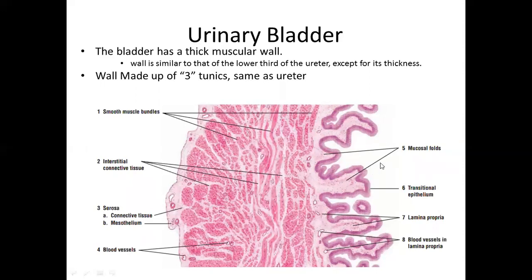The first part of the tunica mucosa facing the luminal side is epithelium, transitional epithelium. Below the epithelium there is lamina propria. Outside the lamina propria there is a very thick muscular layer. This thickness of the muscular layer gives the wall the thickness which we are discussing here. And then outside there is connective tissue surrounded by mesothelium, simple squamous epithelium, giving it the tunica serosa appearance.